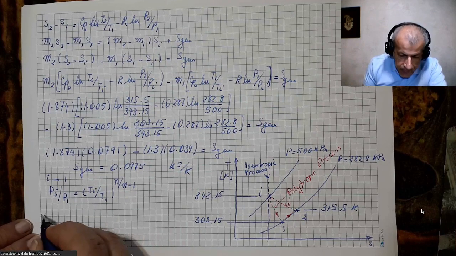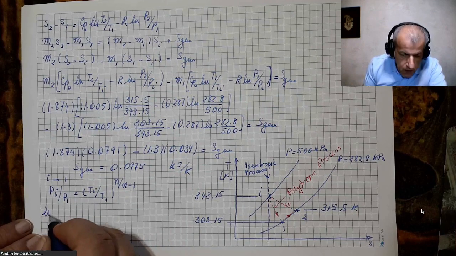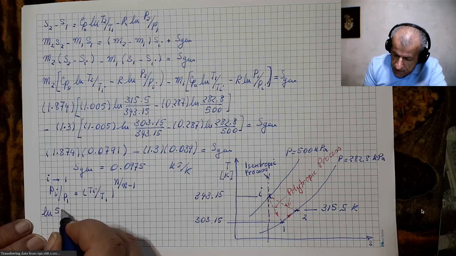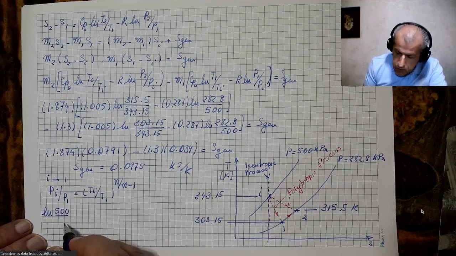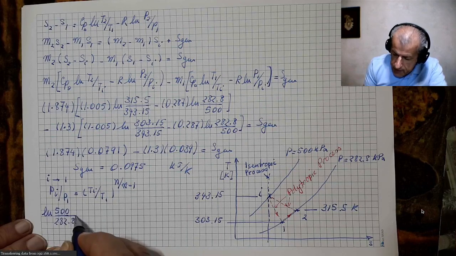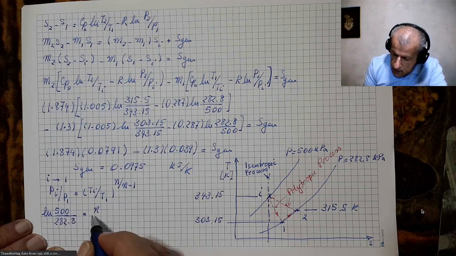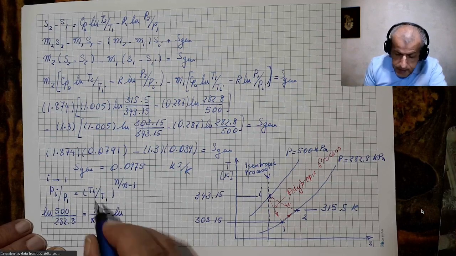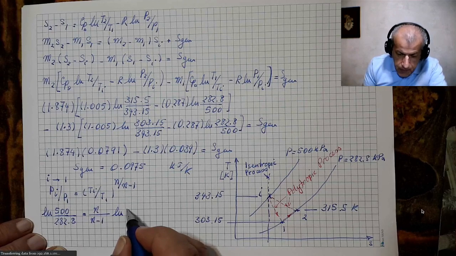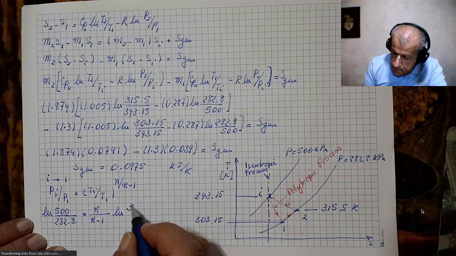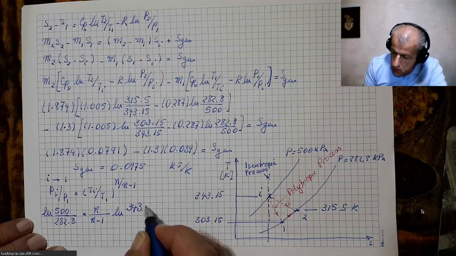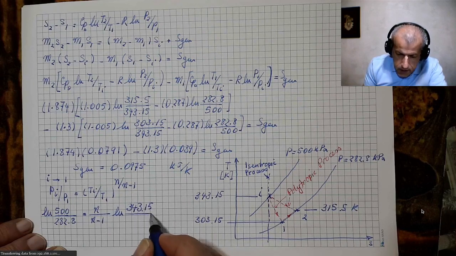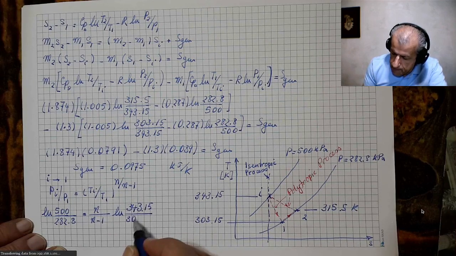That is ln of Pi, which is 500, divided by P1, which is 282.8, equals n over n minus 1 times ln of Ti over T1, which is 343.15 divided by 303.15.